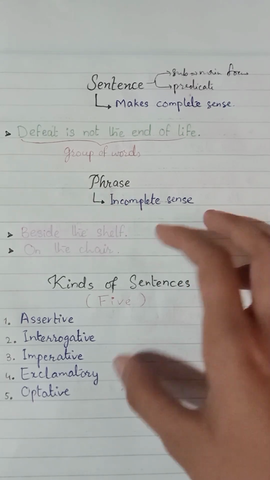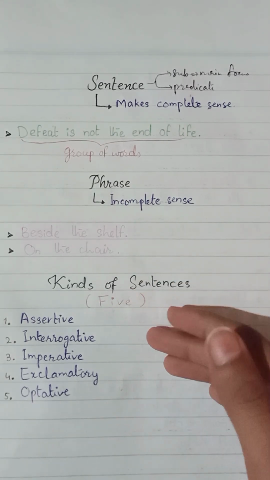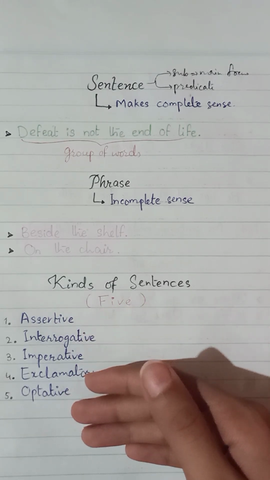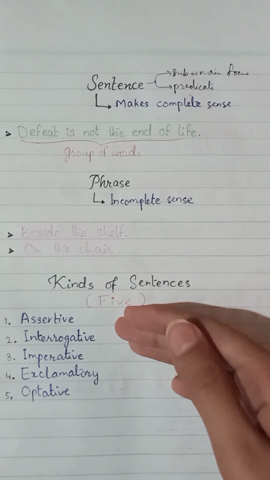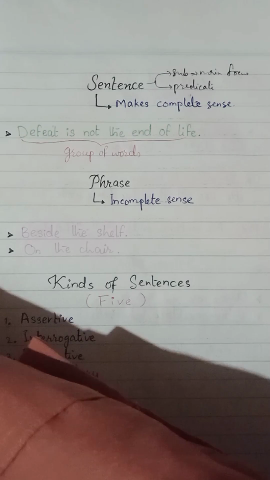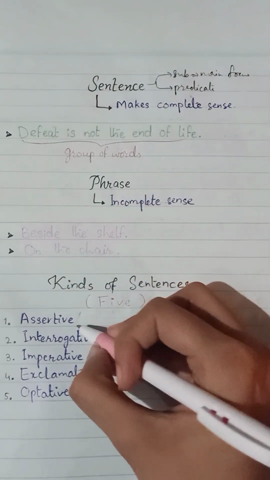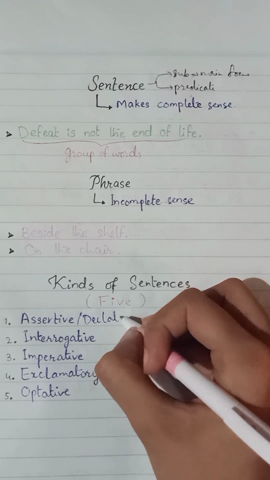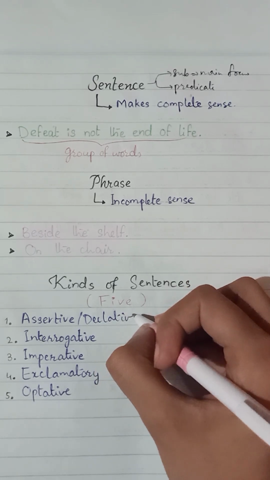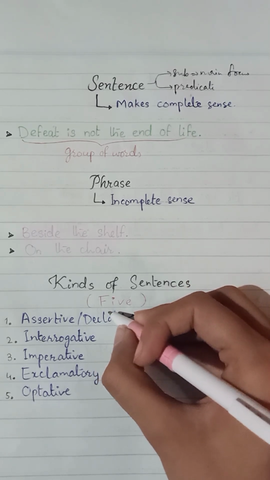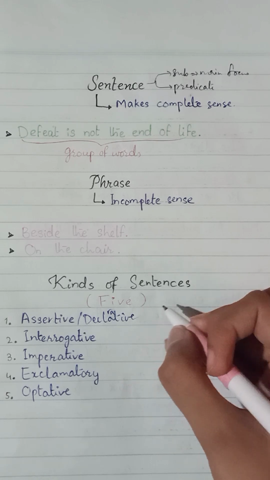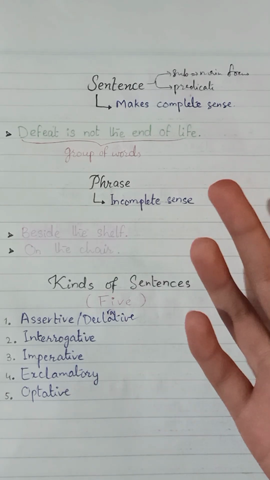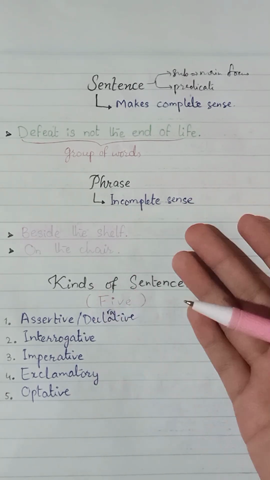So let's move to the kinds of sentence. There are basically 5 kinds of sentence. Assertive sentence or declarative sentence, we can say, that declare something. Declarative sentence declares something, tells something directly, right?